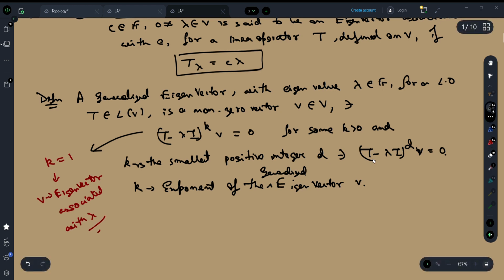Clear? So this is the very concept of a generalized eigenvector.